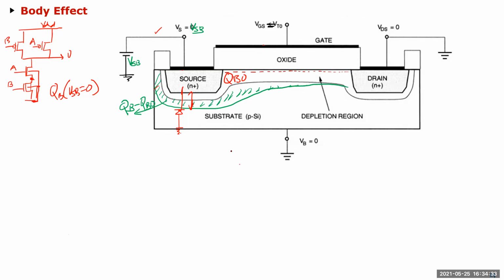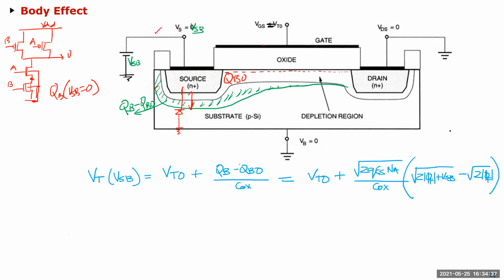So if I write this equation again, remember, we wrote the equation as VT for VSB equal to 0, it was the flat band voltage, plus QB by Cox plus 2φF plus Q impurity over Cox plus the adjustment QDI over Cox, all this, right? But the key one is here, right?